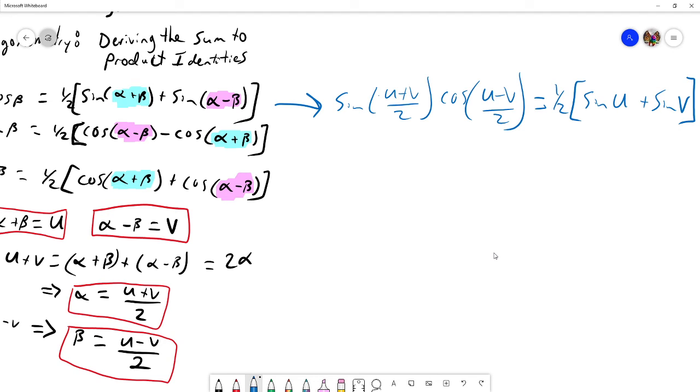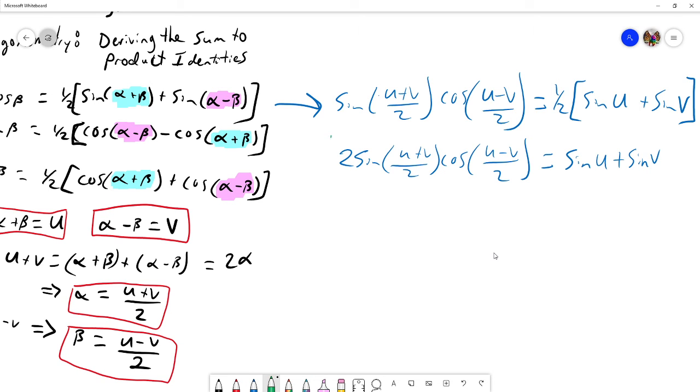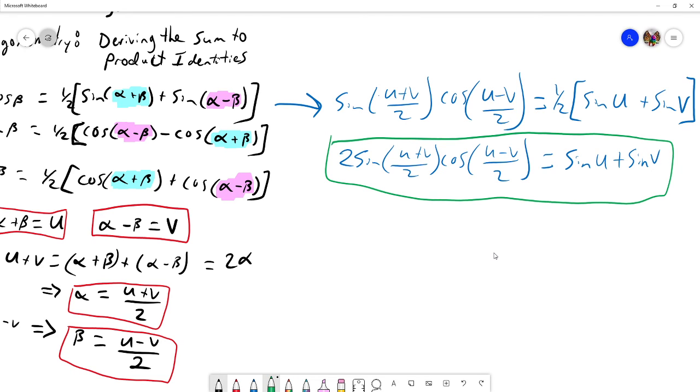Then if we multiply both sides by 2, you get 2 times sine of u plus v over 2 times cosine of the quantity u minus v over 2, and this has to equal sine u plus sine v. And this is actually our first identity. The derivation is as simple as that for all four.